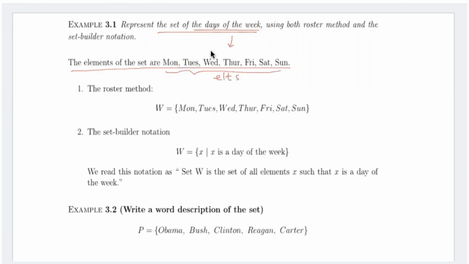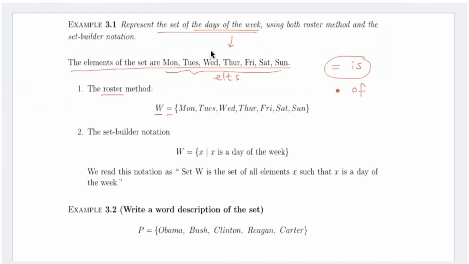And these are the elements. Roster method. W is, okay, so equal means is. This is mathematical wording here. Multiply of, you have 10% of, remember, of means multiply. Equal means is.